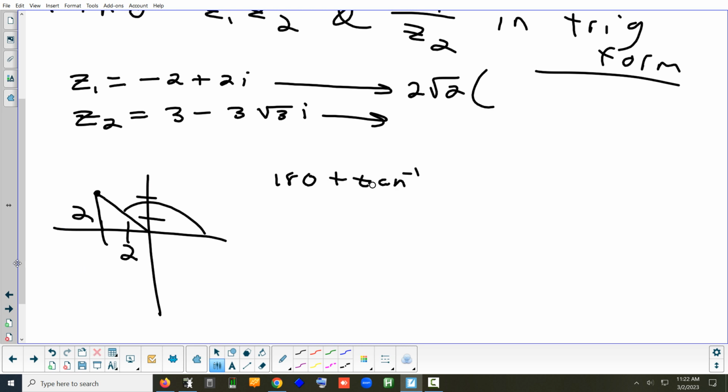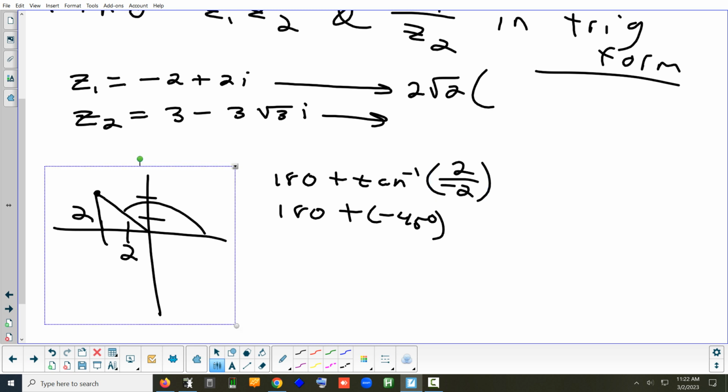So 180 plus the inverse tangent of, what's y in this case? 2. And x? Negative 2. Well, that's the inverse tangent of negative 1. And what's the inverse tangent of negative 1 in degrees? That's negative 45, which means the angle from quadrant 1 to my hypotenuse is 135.